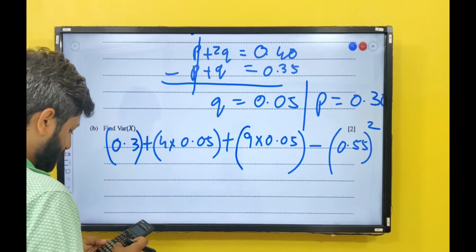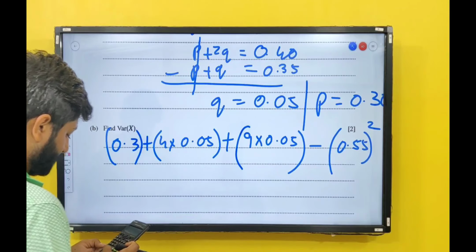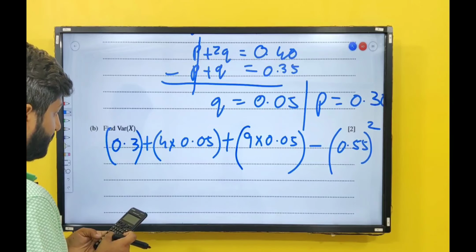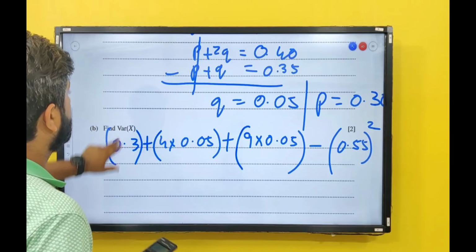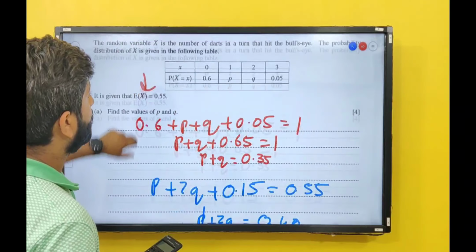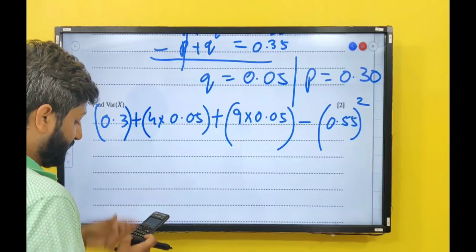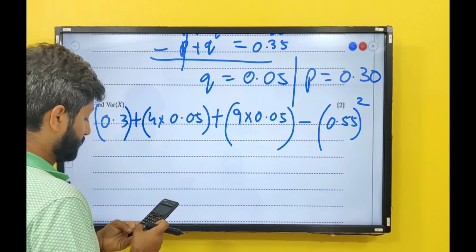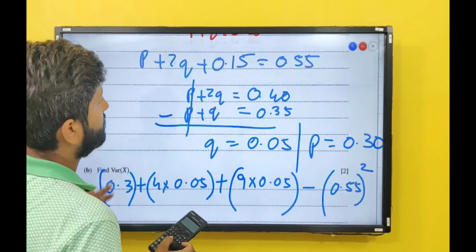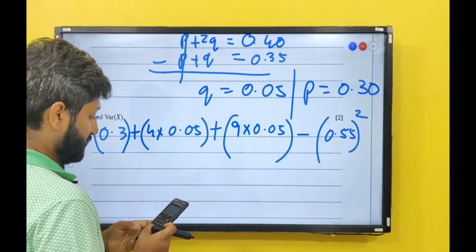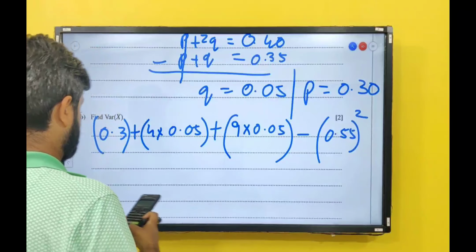Okay, so let me do this. 0.3 plus 4 into 0.05. Okay, first I have P. My P is 0.30. So 1 into 0.30, 4 into 0.05 plus 9 into 0.05. I think, is it 0.05? Yes, it is 0.05. 9 into 0.05.